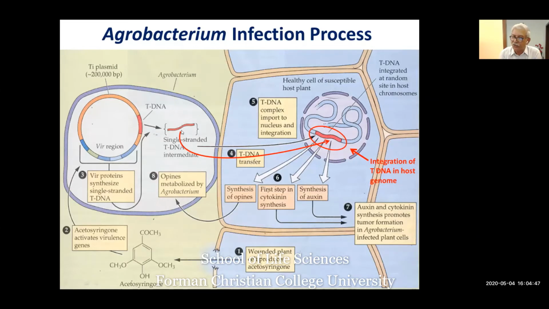Okay, and those genes will make the T-DNA, and the T-DNA will migrate to the nucleus, incorporating your genes of interest, and the plant will start expressing those genes of your interest, whether they are for insect or pest tolerance, or for salt or drought tolerance, whatever the genes are of agricultural importance.